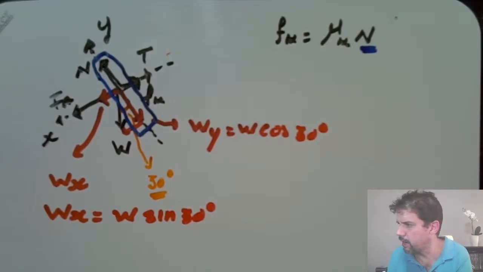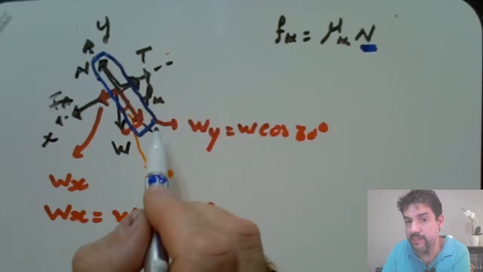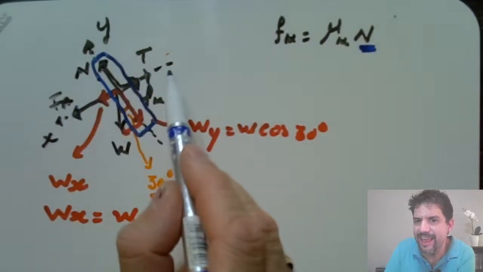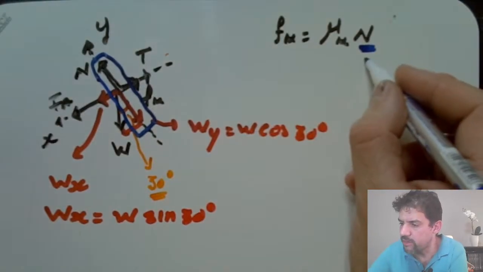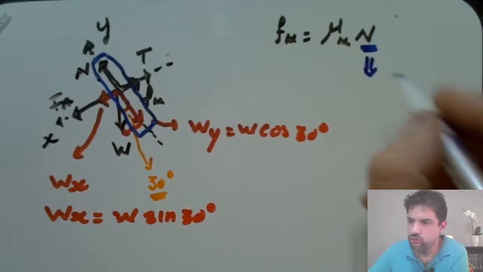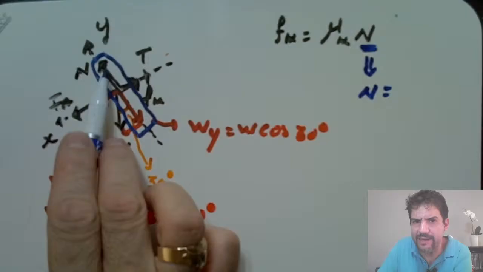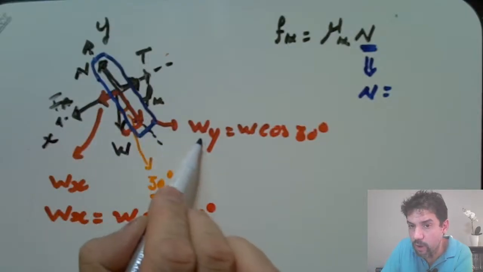All right? So, no. In this case, we're working in the y-axis. Now, in the y-axis, the object is not moving. The object is moving in x. So in the y-axis, the forces are at equilibrium. In other words, the normal force, which is on top of the y-axis, is equal to the bottom, which is the weight in the y-axis.